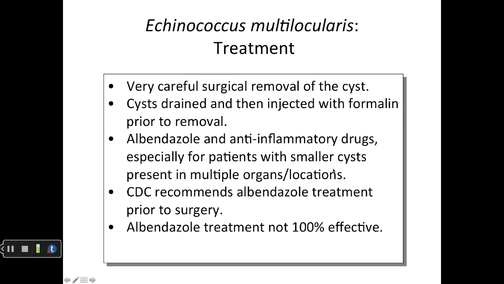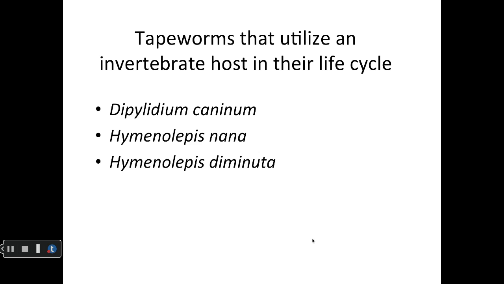Unfortunately, however, albendazole is not 100% effective. This is a very, very difficult disease to treat in humans because even if you surgically remove a large multilocular cyst, there could be other brood cysts in other areas of the body, and albendazole may not necessarily kill all those cysts. So it actually is very similar to cancer in a lot of ways.